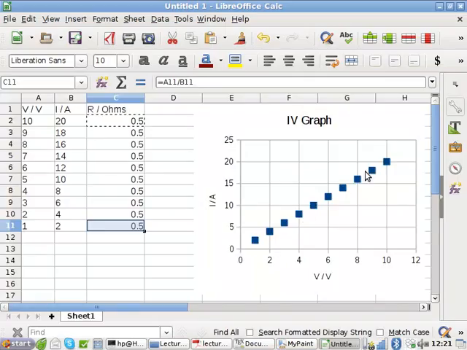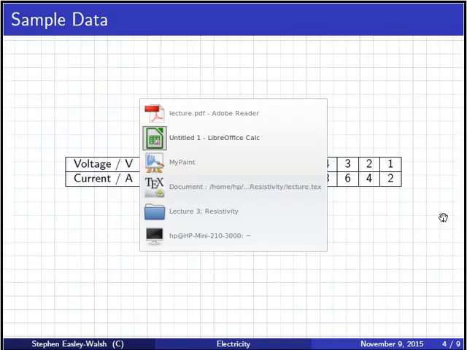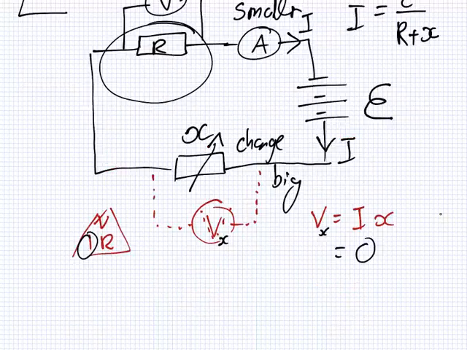What is the R on the graph though? If this is V and this is I, where's the R here? The line. Well, what part of the graph? Well, let's have a look. If I draw this graph here, this part here, delta X, that's the voltage, and this part here, delta Y, that's the current.